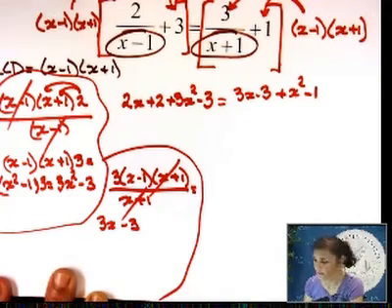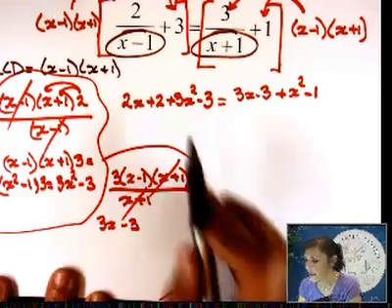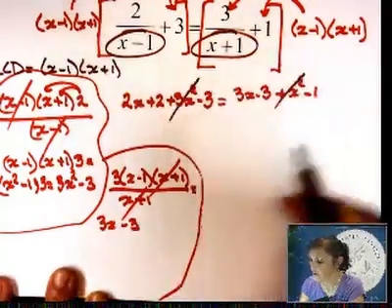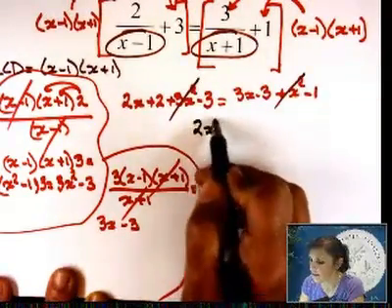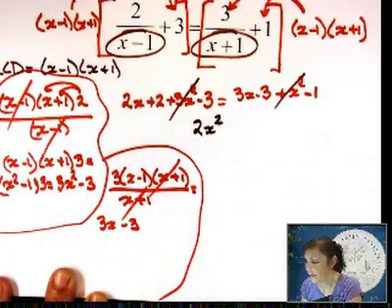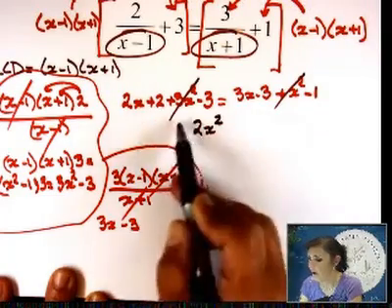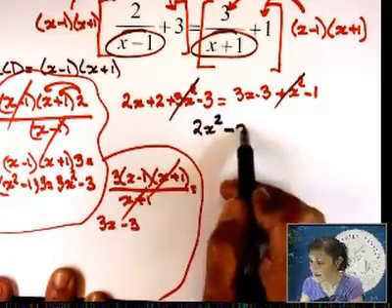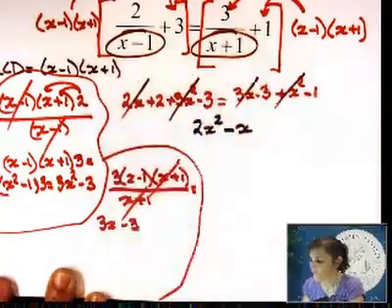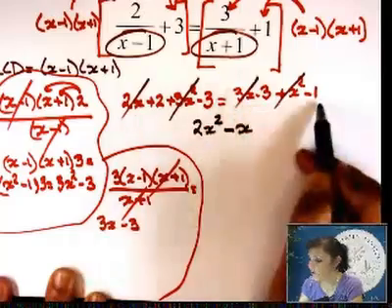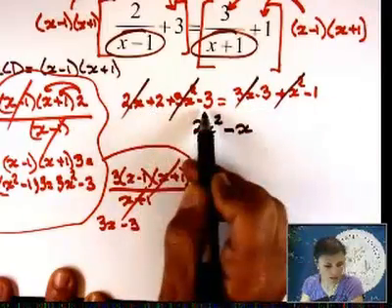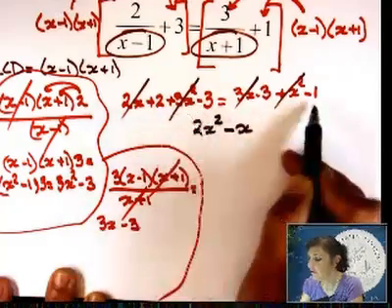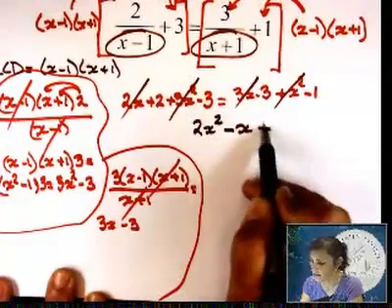And you have 3x squared minus x squared, so that's going to give you 2x squared. You have 2x minus 3x, that's negative x. You have negative 4 on this, and then you have a negative 1 in here. Negative 4, negative 1, so that's going to become positive 3.